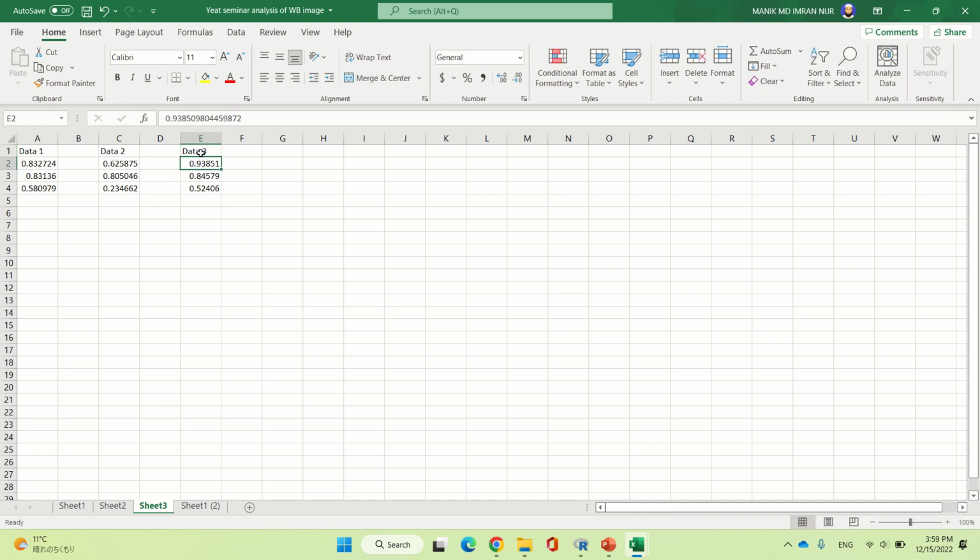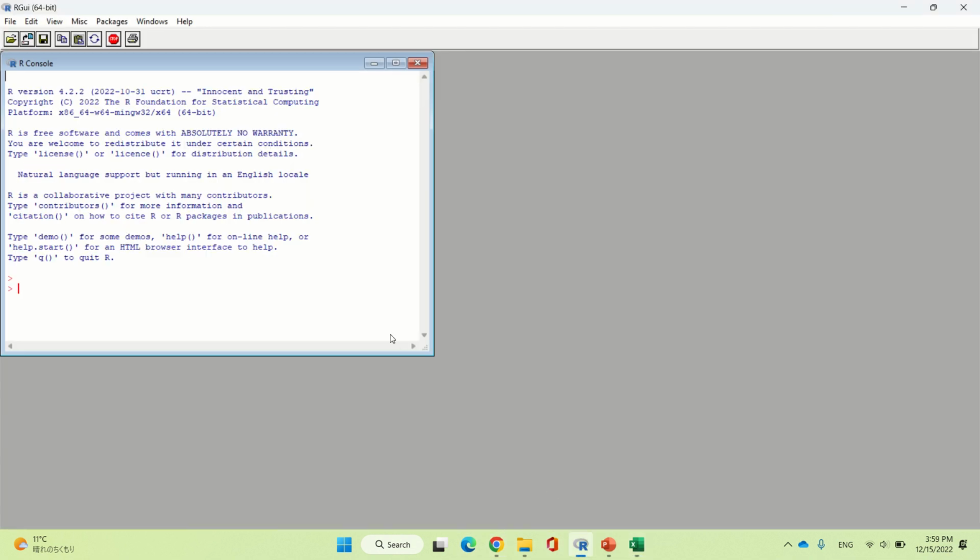So data one, data two, data three. Then you assign the data one as the data one in the R software. Please open the R software and please type data one first.